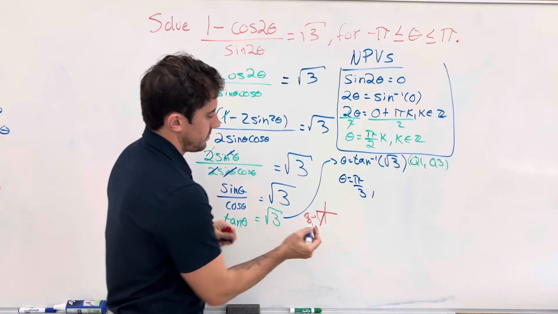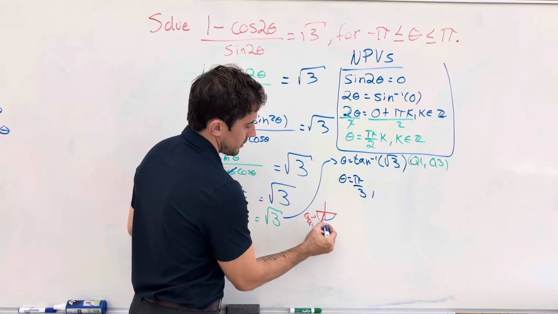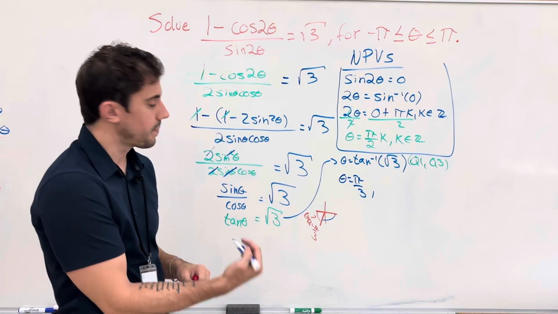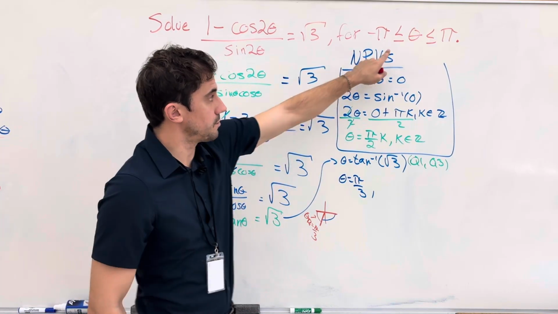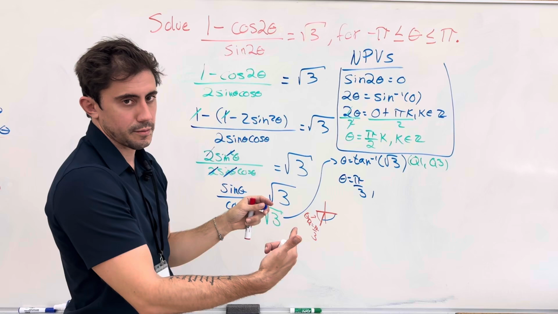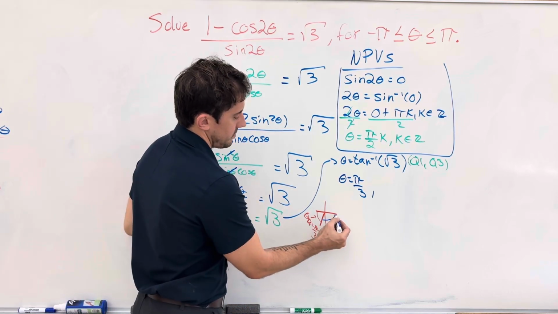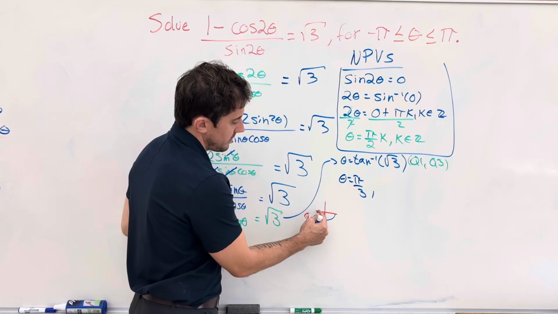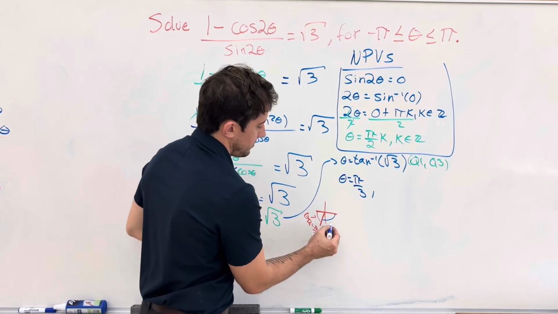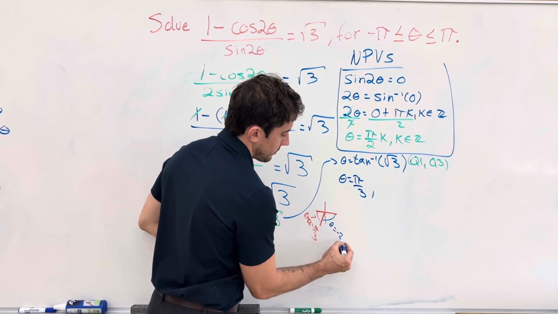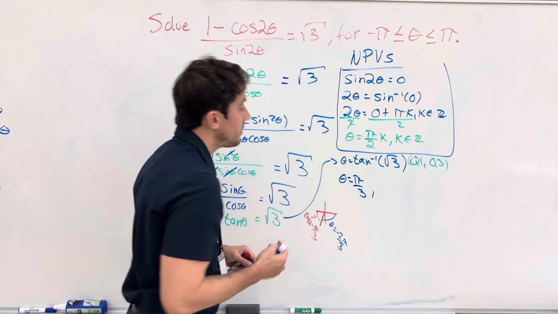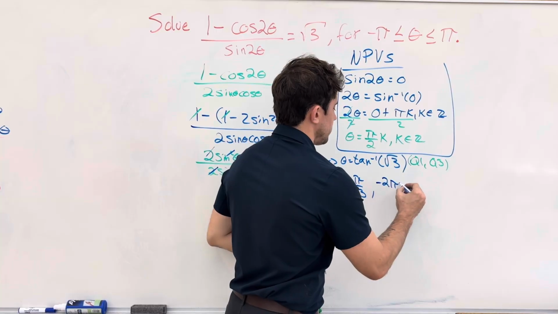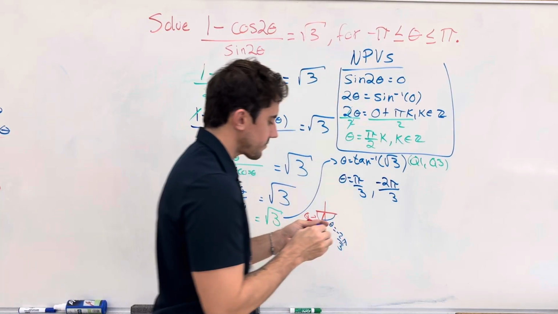And if we do that from here over to the terminal arm where our second solution, our solution in Q3, would lie, we know that this angle measured through the negative angles clockwise from the positive x-axis is going to be negative pi plus pi over 3, right? Negative pi would take us here, plus pi over 3. That, in standard position, gives us an angle of negative 2 pi over 3. And that is well within our interval. And so that is our second solution.